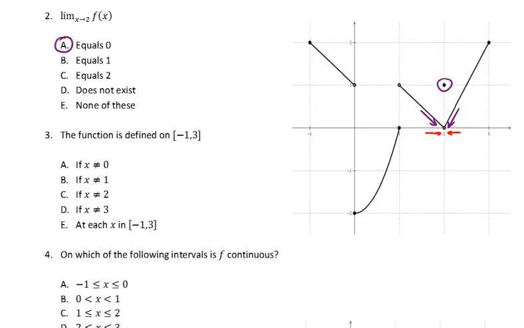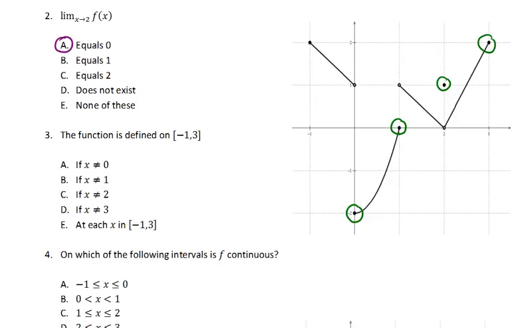So it's saying the function is defined on the closed interval from -1 to 3 if x is not equal to 0. But the function is defined at x equals 0. If x is not equal to 1, but the function is defined at x equals 1. X equals 2, the function is defined at x equals 2 and at x equals 3.